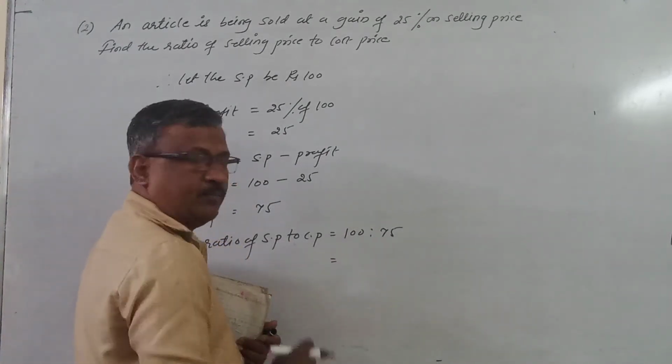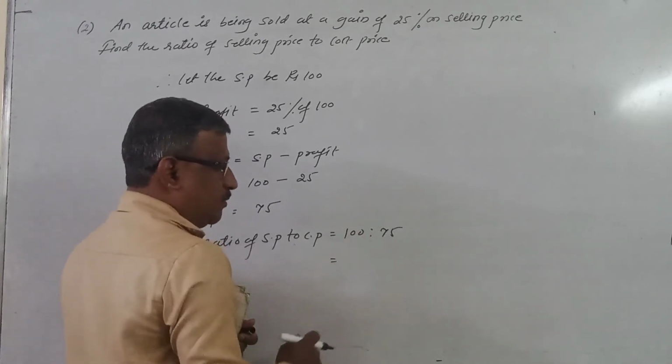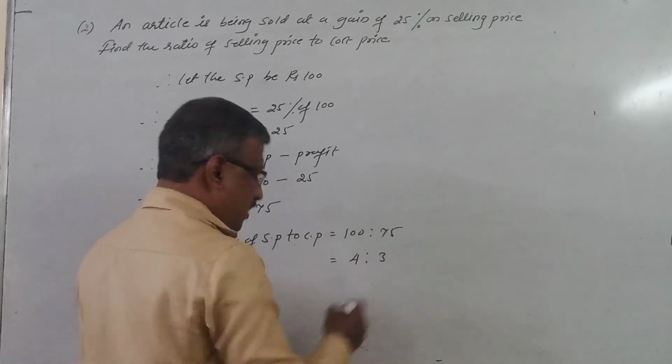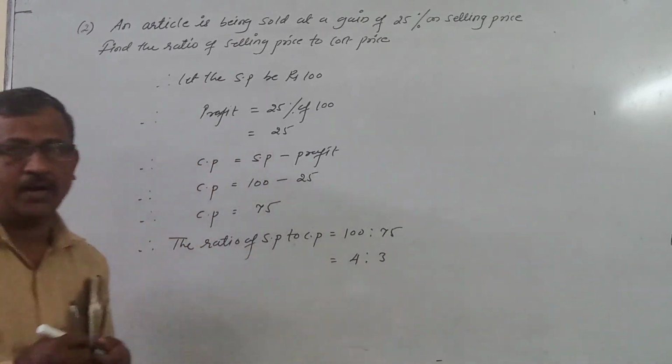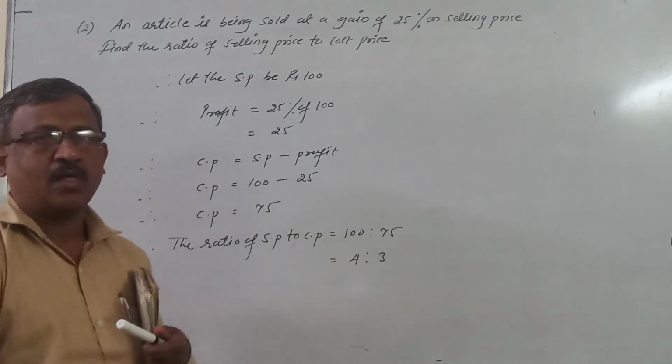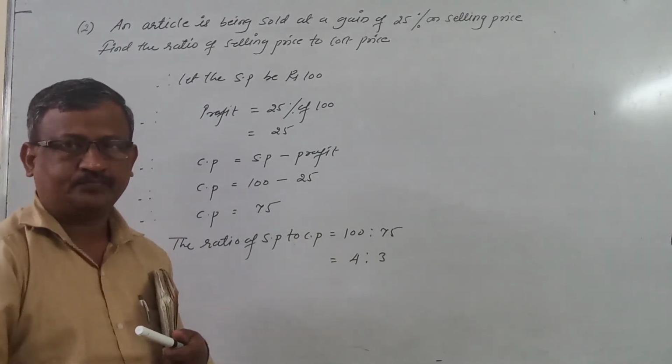Here there is no common part, but both numbers are divisible by 25. You divide: 25 4s are 100 and 25 3s are 75. So like this, my ratio of selling price to cost price comes to 4:3.